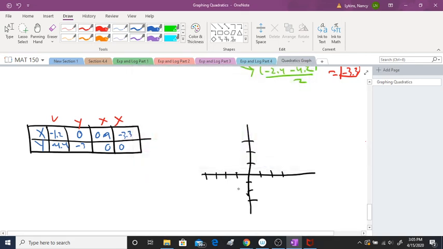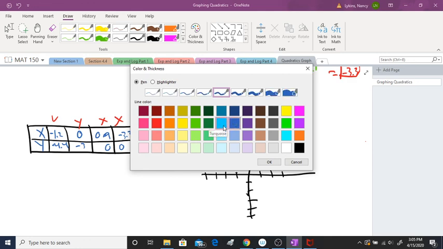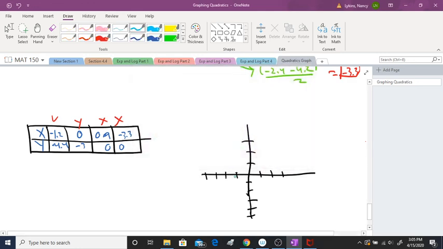So I'm going to graph these: negative 1.2 and negative 4.4. Negative 1.2 is probably right in here, then go down to 4.4, somewhere right in there.